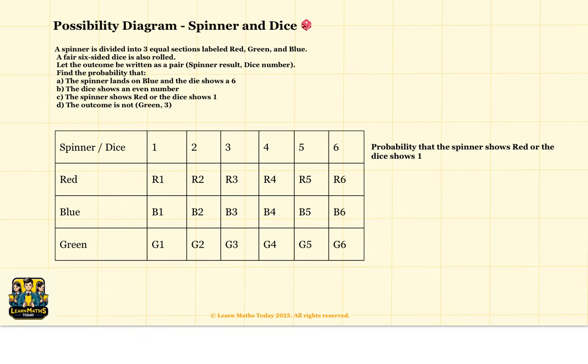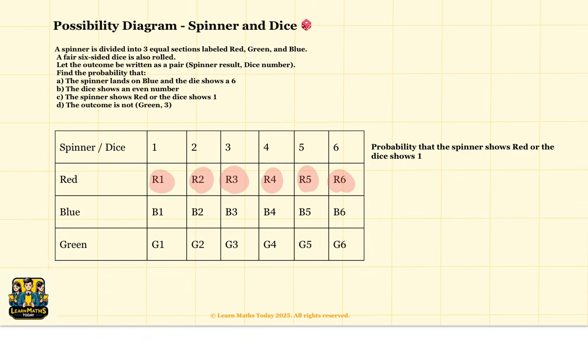We have to find the probability that the spinner shows red or the dice shows number 1. Let's list all the favorable outcomes. When the spinner is red, we have red 1, red 2, red 3, red 4, red 5, and red 6. There are a total of 6 favorable outcomes here.